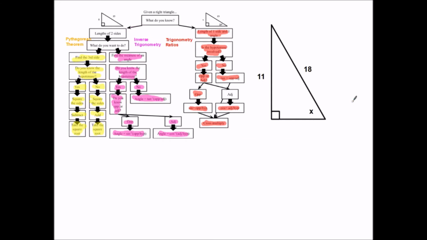Okay, this one, we have the length of two sides. What do you want to do? This x is asking us to find this angle. So we want to find the measure of an angle. Do you know the length of the hypotenuse? Yes. Do you know opposite or adjacent? Going across from the angle we want to find, that would be opposite.